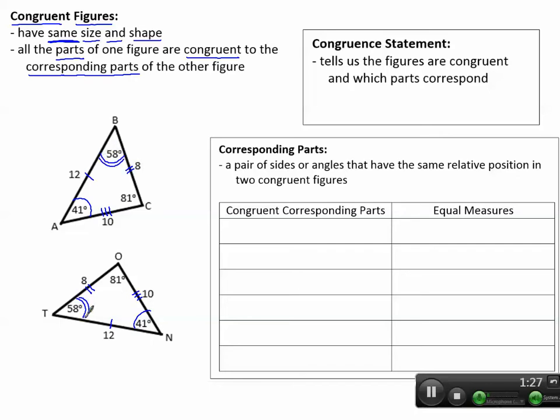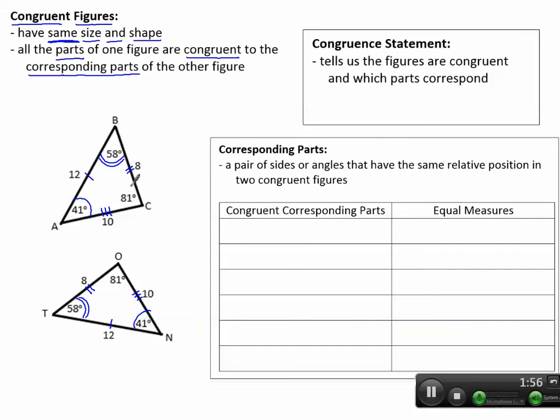Now we have to make sure that these congruent angles are in the corresponding parts. Meaning, if this side has a 12 on it and it's connecting the points A and B whose angles measure 41 and 58 degrees, this side that has a 12 has to connect the points whose angle measures are 41 and 58 degrees, and as we see, it does.